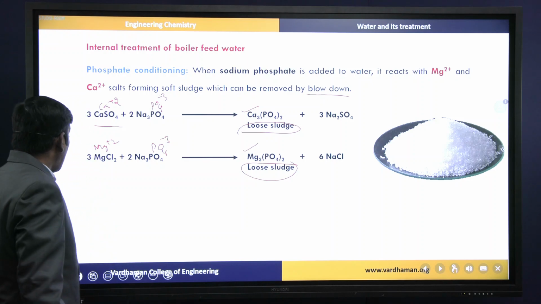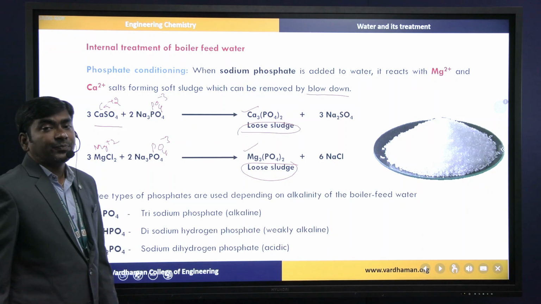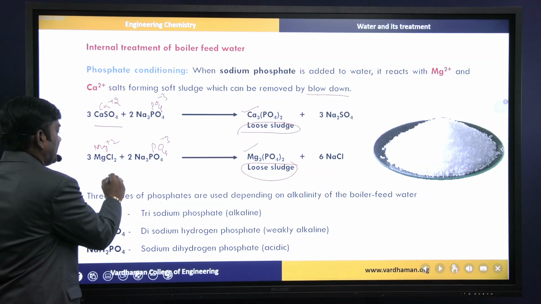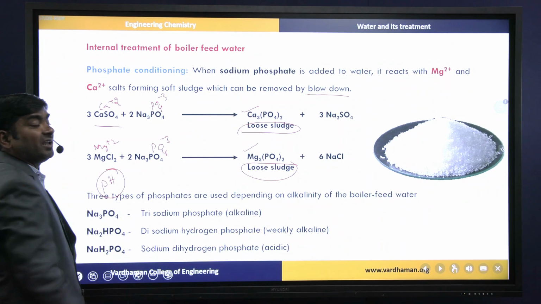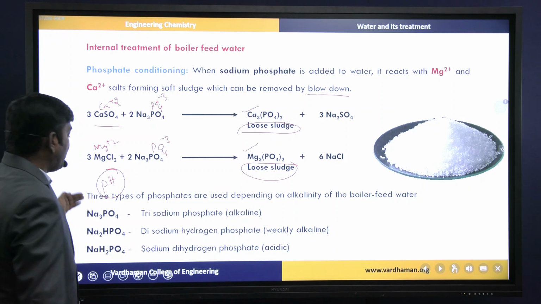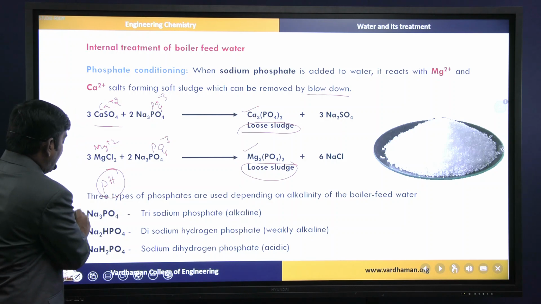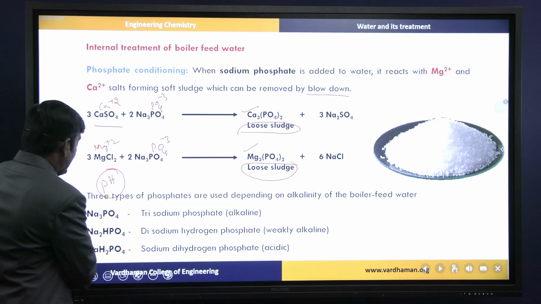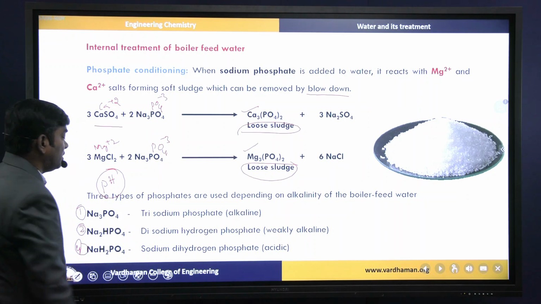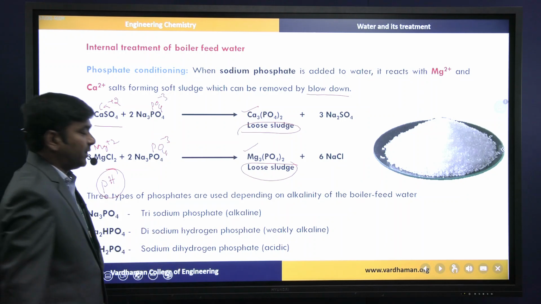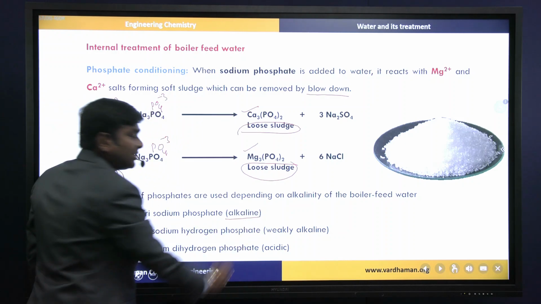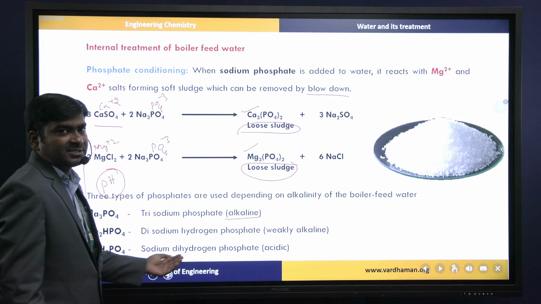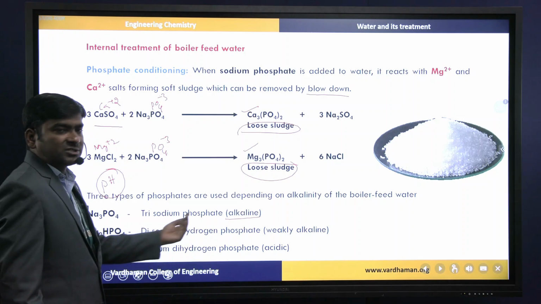Now how do we select a suitable phosphate? That depends on the alkalinity, or the pH, of the boiler feed water. Three phosphates are available. Number one, Na3PO4. Number two, Na2HPO4, and number three, NaH2PO4. The first one is alkaline in nature. The next one is weakly alkaline in nature, that means pH is around 8 or above 7.5.